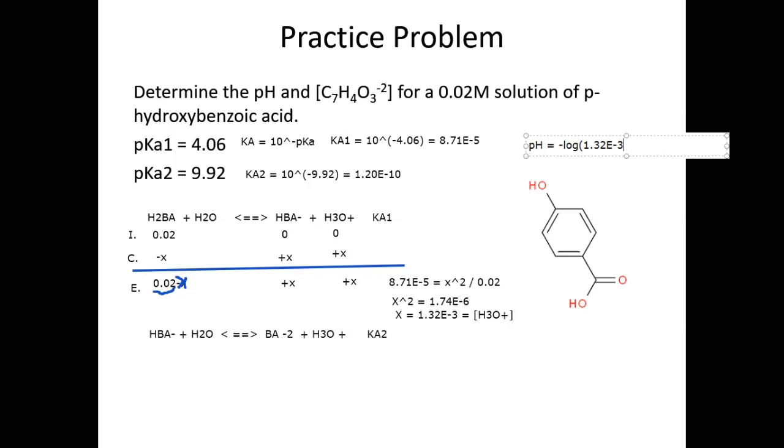And this one, the percent dissociation is 6.6%, so you wouldn't have needed to use the quadratic equation. But let's just change it up a little bit so we don't have to redo all of this.